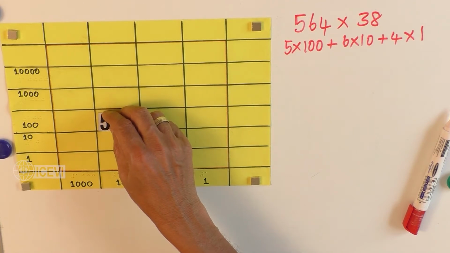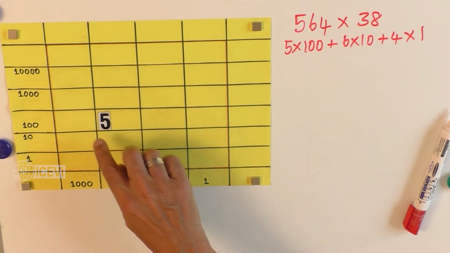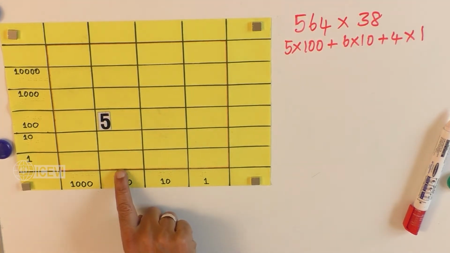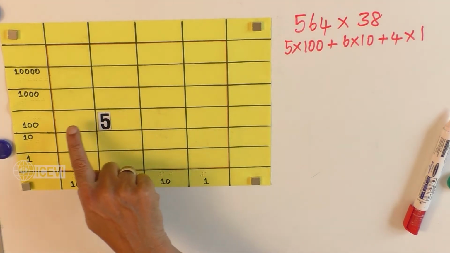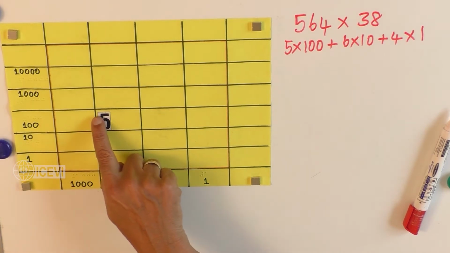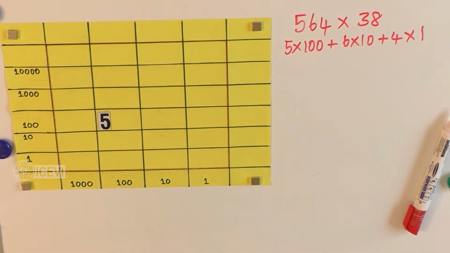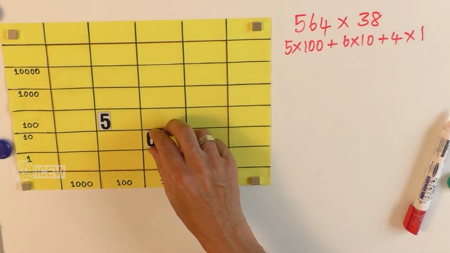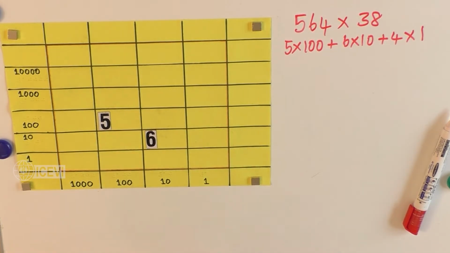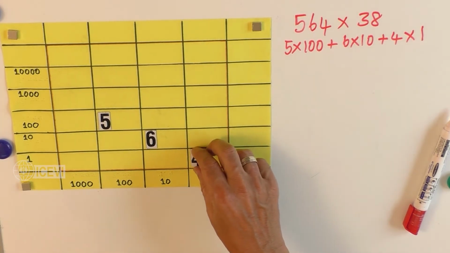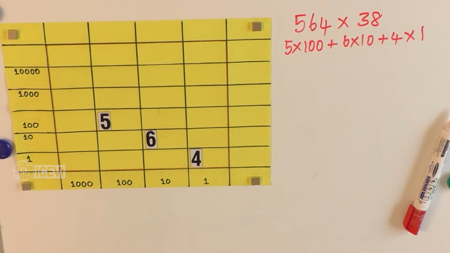You can see that the number 5 is placed in the box where the 100th column vertically and 100th column horizontally meet. Similarly, we put number 6 in the tens column, and number 4 in the unit column.